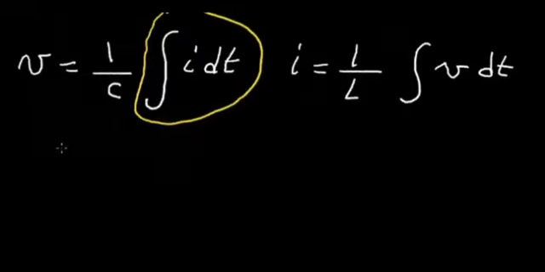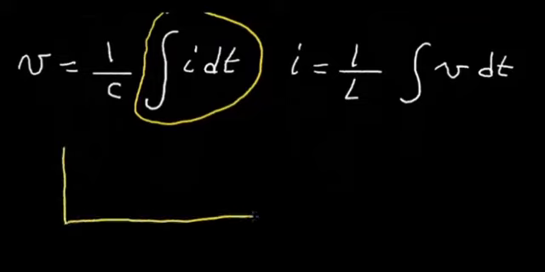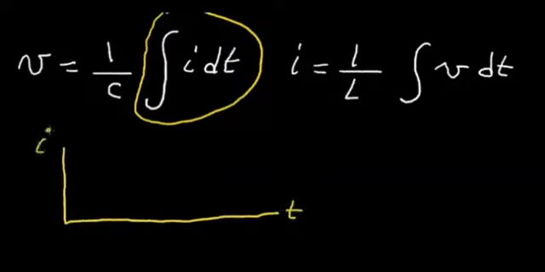Let's draw a graph of current versus time. So this will be my time axis T and my current axis I. Let's presume that I have a current versus time, that current is more or less constant here, then it changes quickly, it reverses.